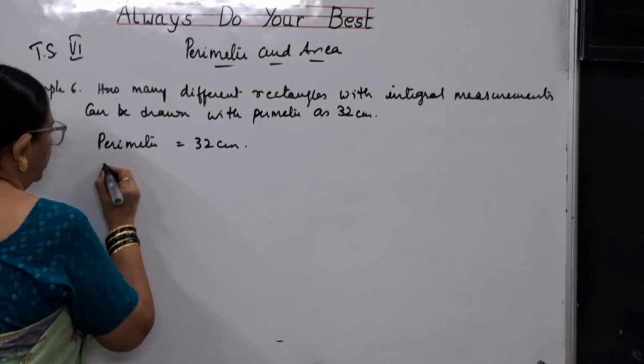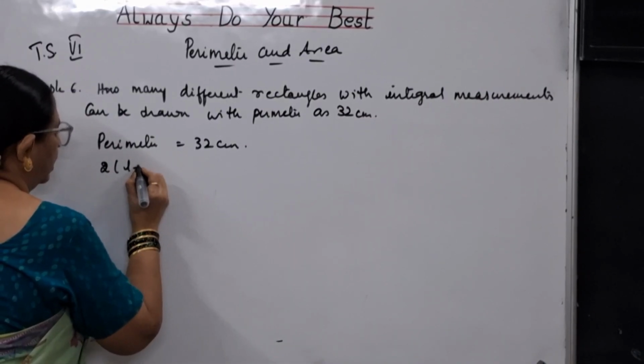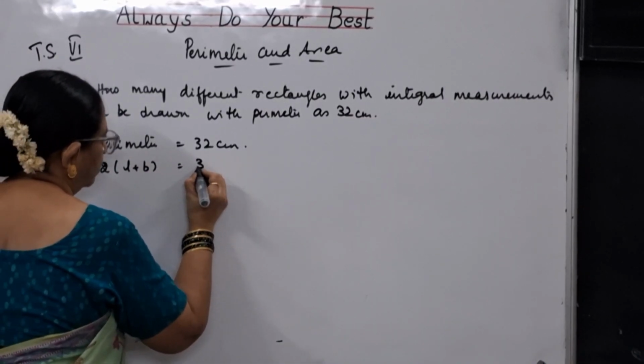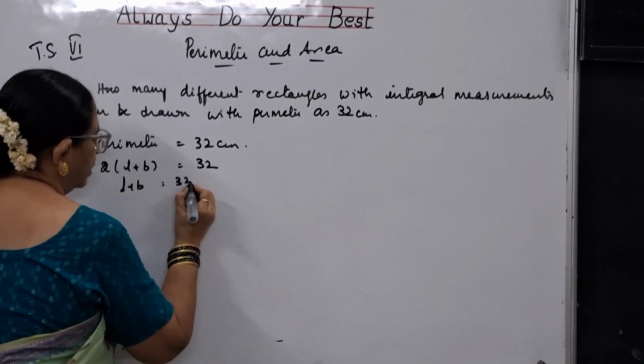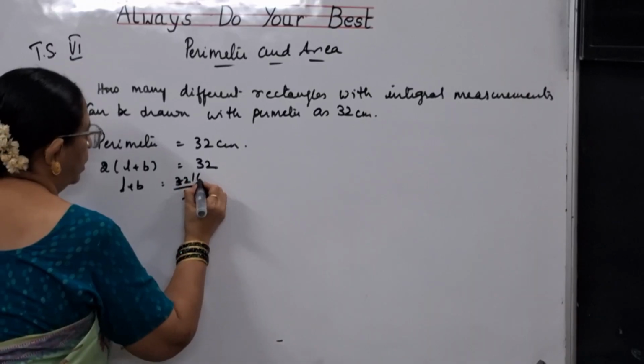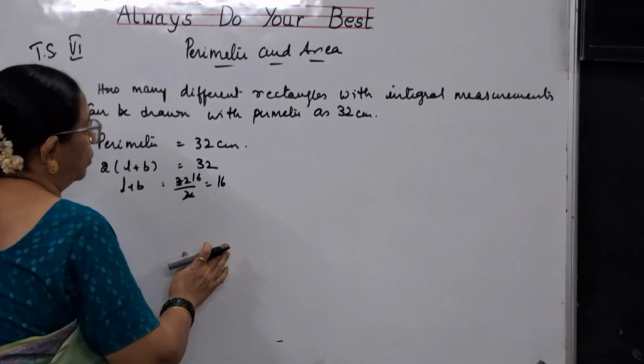So actually, we know the formula. Perimeter means 2 into (L plus B) is equal to 32. So what is L plus B? 32 by 2. 2 ones are 2, 2 sixes are 16. So what you should do?